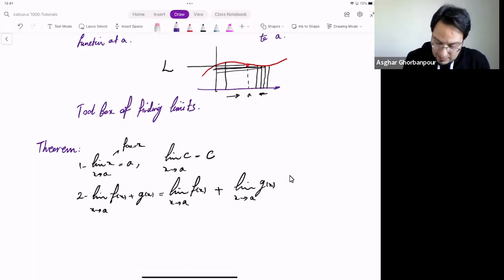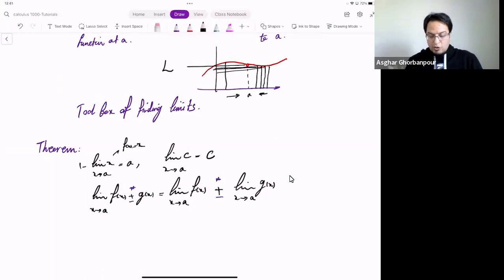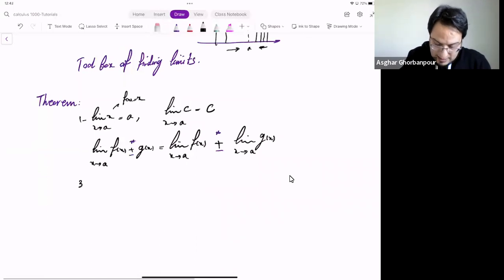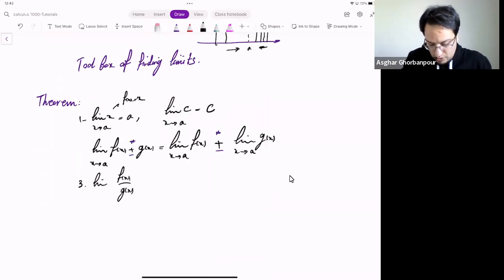Well, this is the same thing when you have subtraction. It's the same thing when you have product. And I'll leave that one there as is. So limit of product is product of limits, limit of sums is sum of limits, and the difference goes the same. There is the third case that you may say, okay, so then most probably we have this case also true.